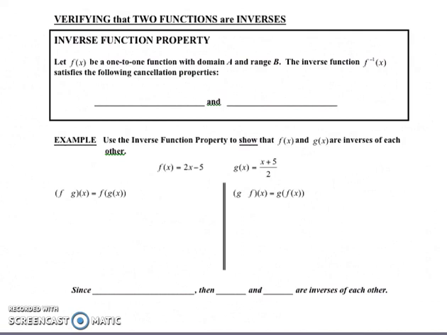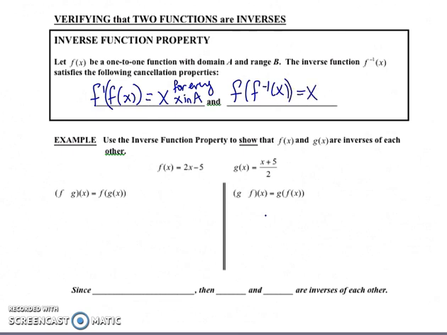It says, let f of x be a one-to-one function with a domain of A and a range of B. Then the inverse function, f inverse of x, satisfies the following cancellation properties. f inverse of f of x has to equal x for every x in the domain A, and f of f inverse of x has to equal x for every x in the domain B.